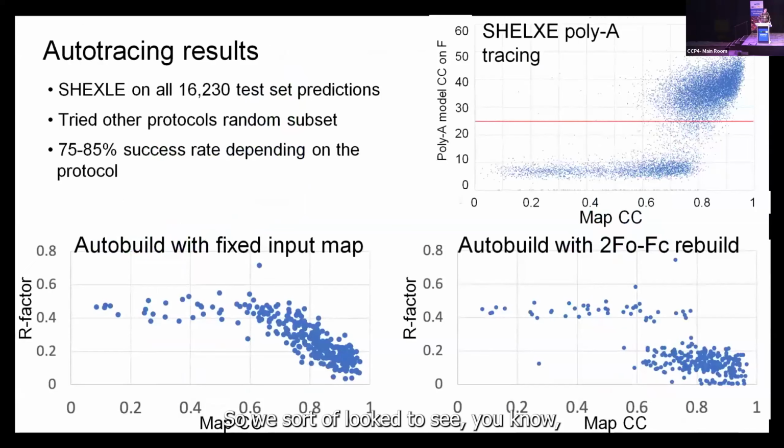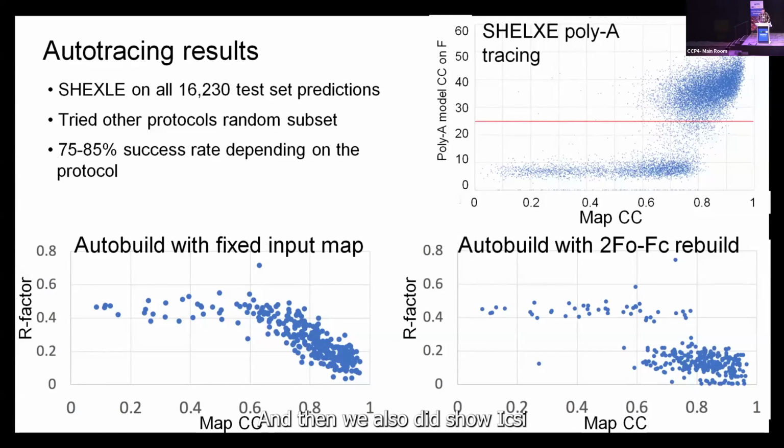So we looked into how many of these an auto tracing algorithm could solve, and we did that in a couple of different ways. One, we used the Phoenix auto build, where we could limit it to either use just a fixed map without density modification, or allow it to do 2FO minus FC recycling from the auto traced result.